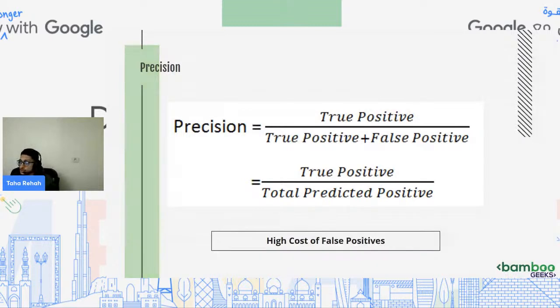Let's assume that you received an email that is not spam, but Gmail detected that it's spam. So the actual email is not spam, but Gmail said that it's spam. This is what's called a false positive, because the model predicted positive for spam, but actually it's negative.